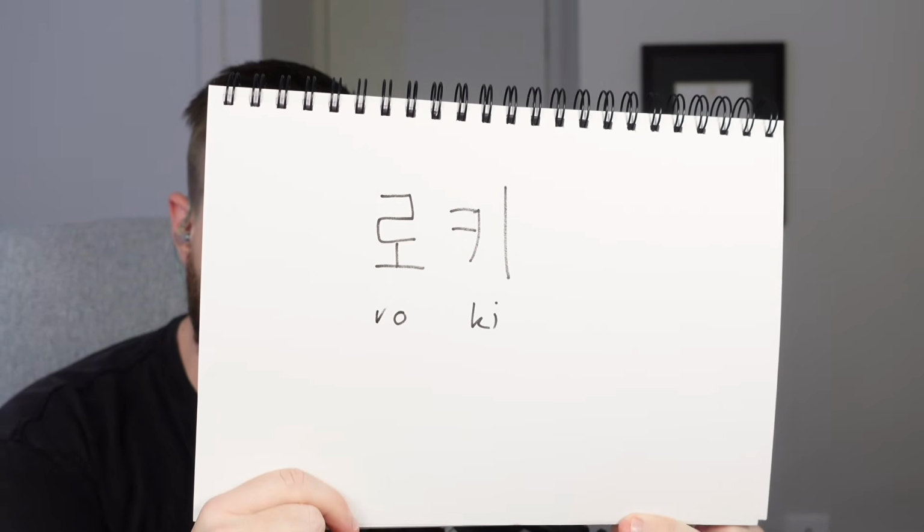That's how you could Romanize it. But my actual full name is Daklan. Notice how there's an L in there in the middle. Daklan. It sounds a little different and it's written differently.